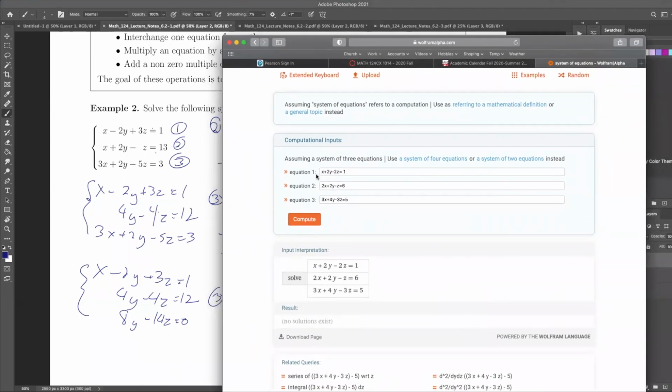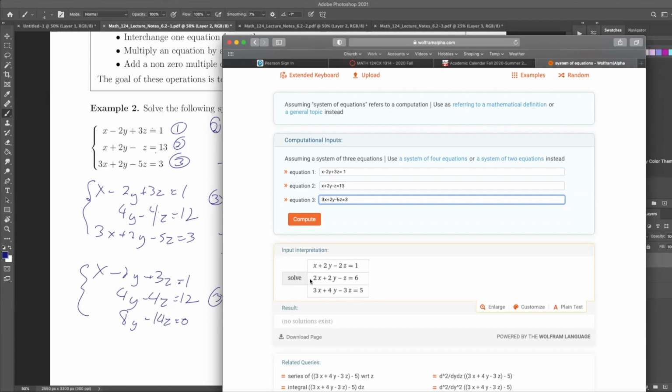So here I have x plus 2y and so on, and then we have 3x plus 2y minus 5z equals 3.